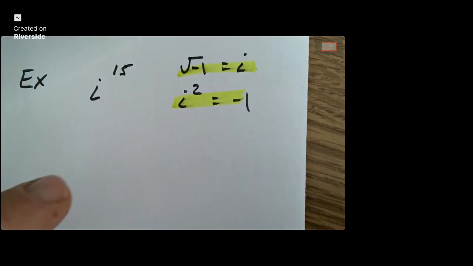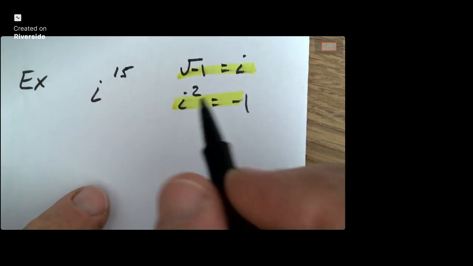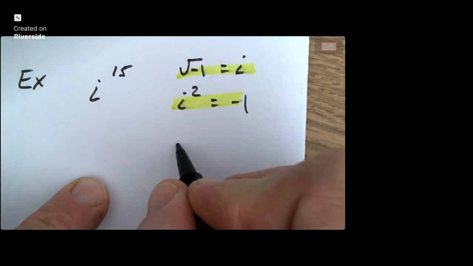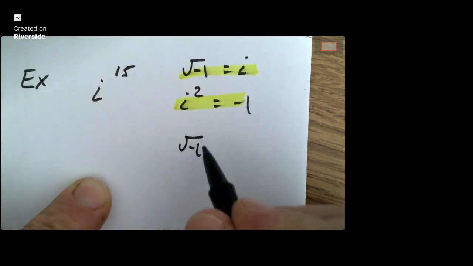Okay, so just to recall here, some of you may wonder why i squared equals -1. Well, let's go back to the square root of -1. The square root of -1 is i, right? So i is the square root of -1.